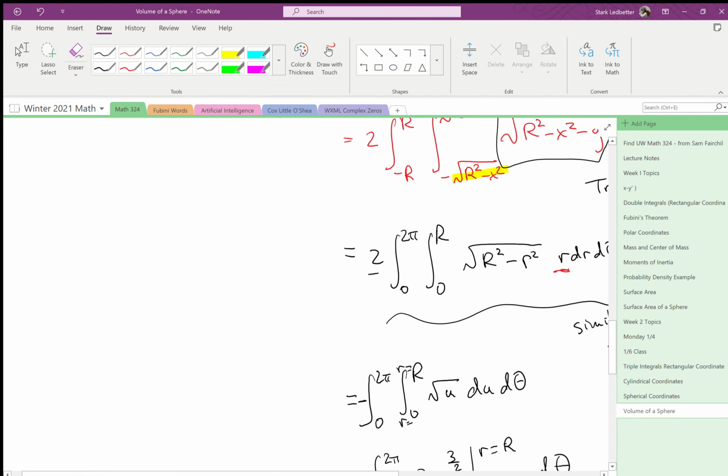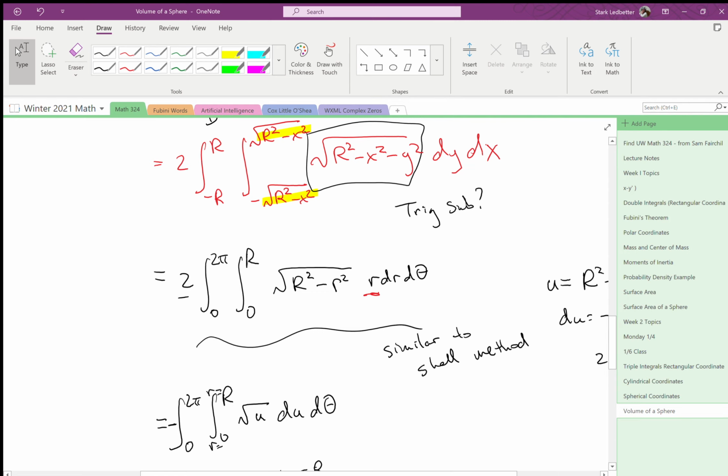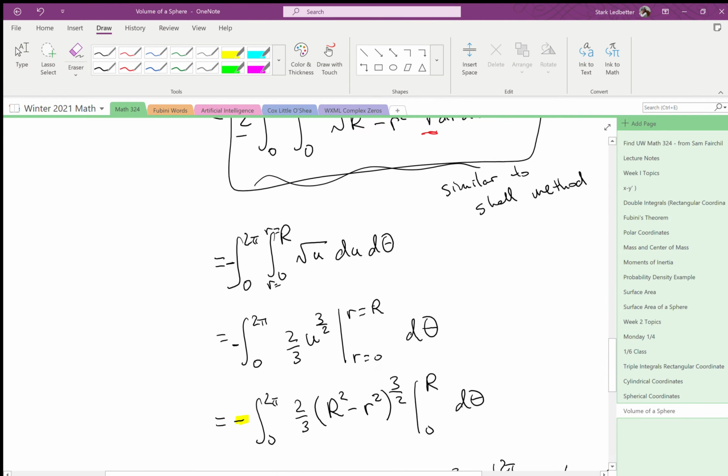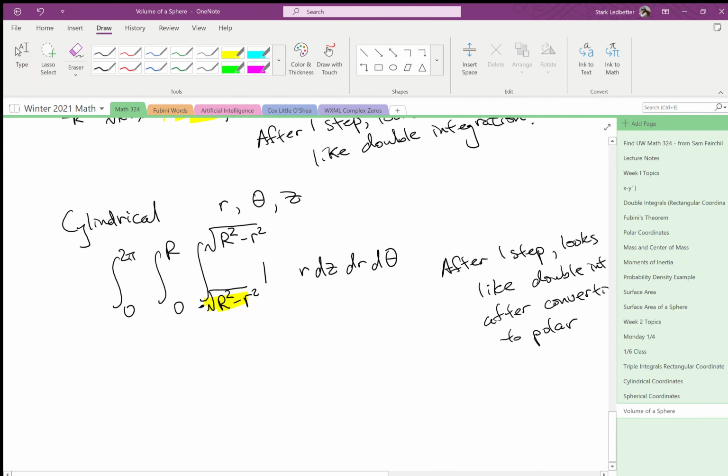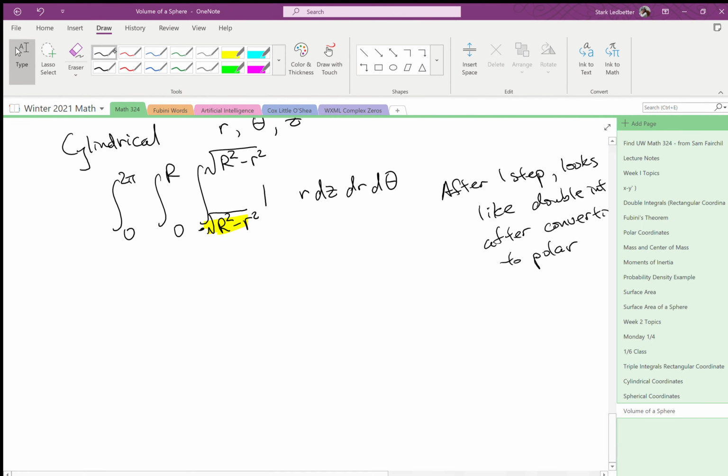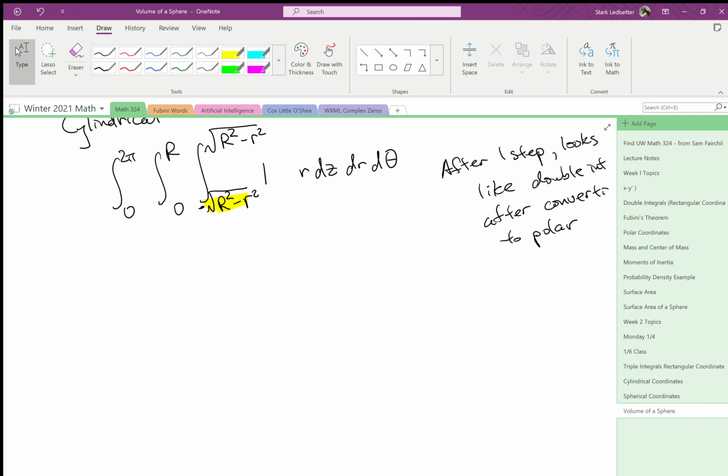But if you did one step of that integration, you would get to this step here. So that's all the same, basically. I don't know if that's better or worse than double integration. I like double integration probably a little bit better, but again, that's not necessarily a strong reason for that preference.